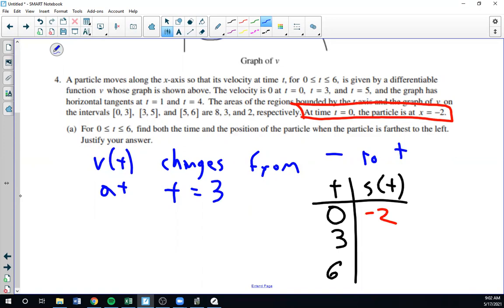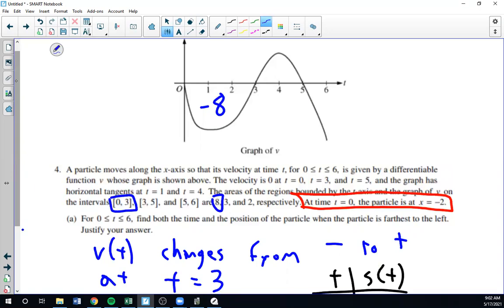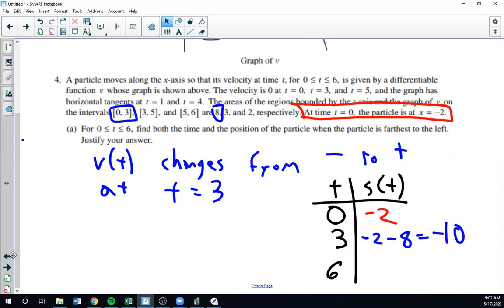Leftwards in this case. How much? 8. From 0 to 3, we move 8, and we know we move 8 to the left because our velocity is negative. Velocity is negative means we're moving to the left. So we start at negative 2 and we move to the left 8. So we're at negative 10. And then I'll leave you to figure out whether the endpoint eclipses it.